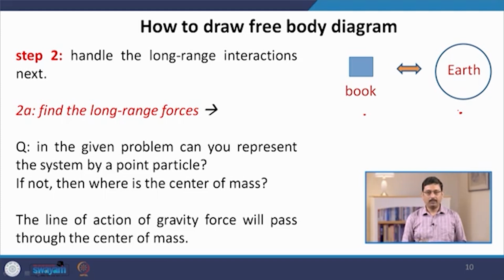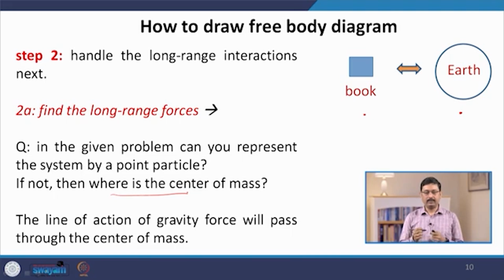Otherwise, if it is not possible, for example if you want to consider the rotation of the object, then it is a good idea to describe the system as an extended object. In that case, ask yourself, where is the center of mass? We shall come to the concept of center of mass and how to find it in great detail in the later part of the course, but at the moment I am assuming that all of you have some basic idea about what a center of mass is.